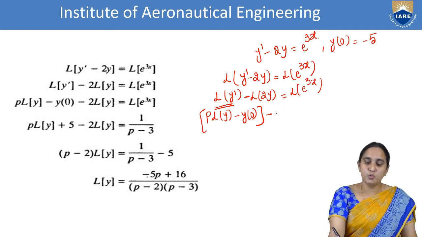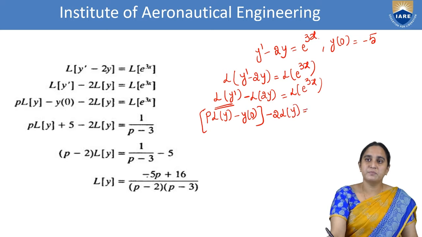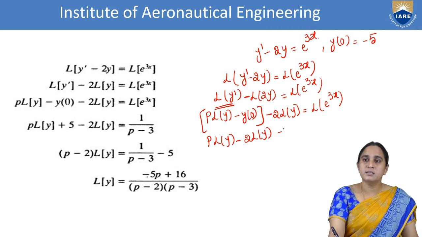Minus L of 2y means 2 into Laplace of y is equal to Laplace of e^(3x). That is, p into Laplace of y minus y(0), minus 2 into Laplace of y, is equal to Laplace of e^(3x).